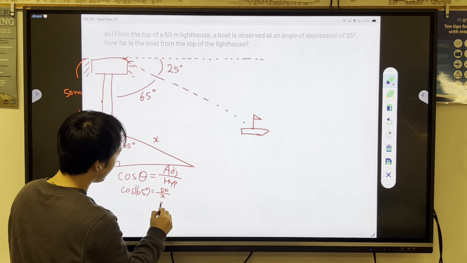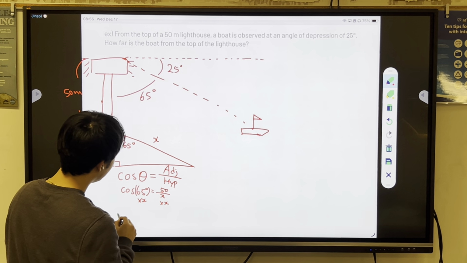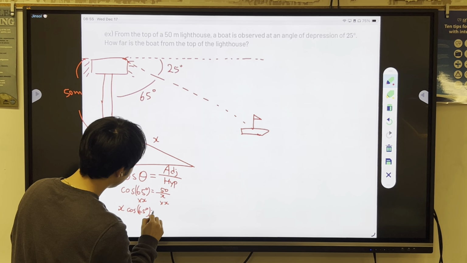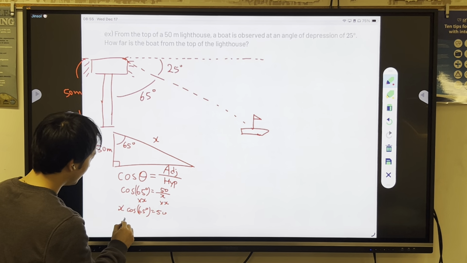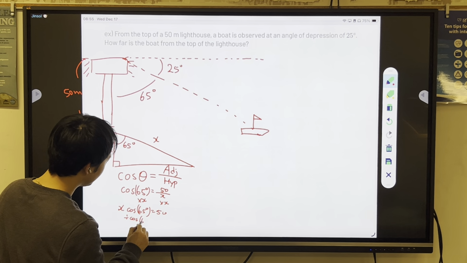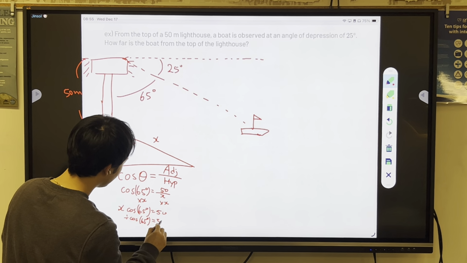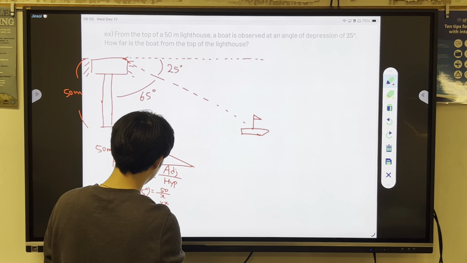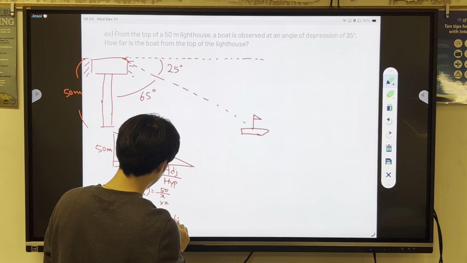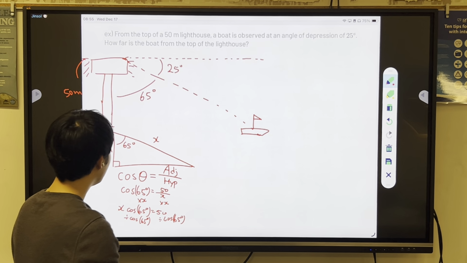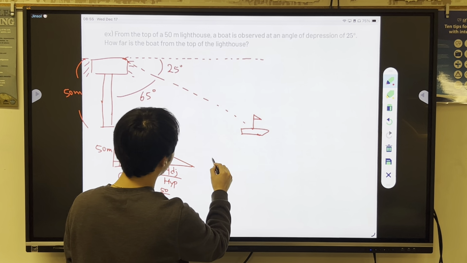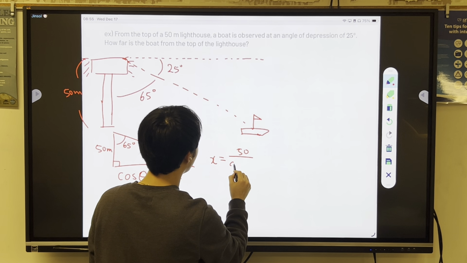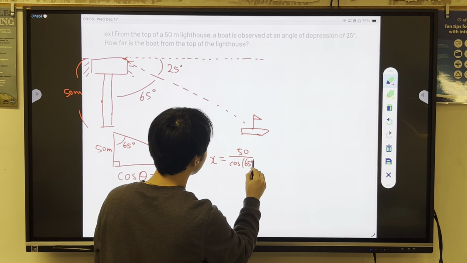And you multiply both sides by x. So it becomes x cosine of 65 degrees. And then we divide both sides by cosine of 65 degrees. So therefore, x is equal to 50 over cosine of 65 degrees.